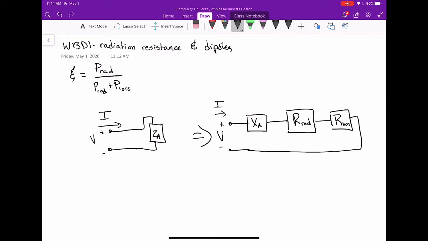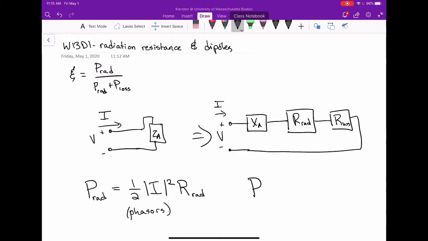Then if you write this down that way, you can say the power radiated by the antenna is just 1/2 magnitude I squared, assuming we're in phasor mode, times the radiation resistance.